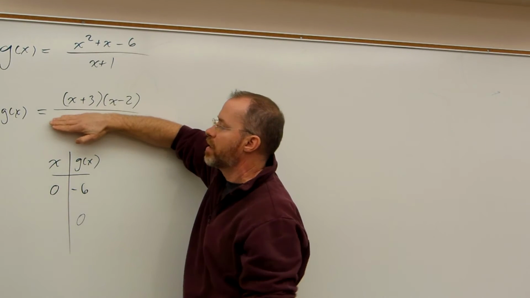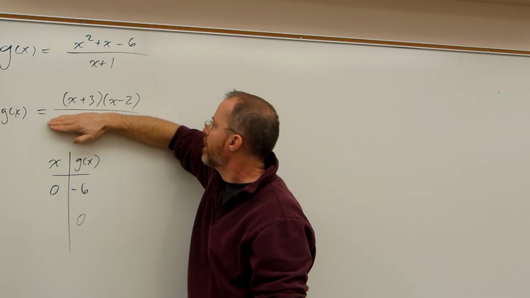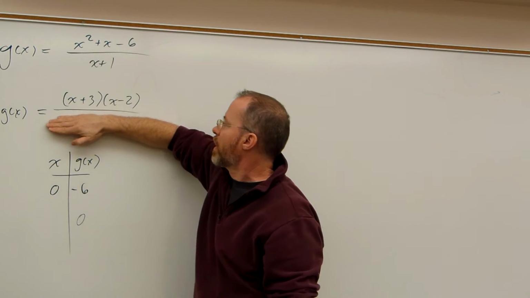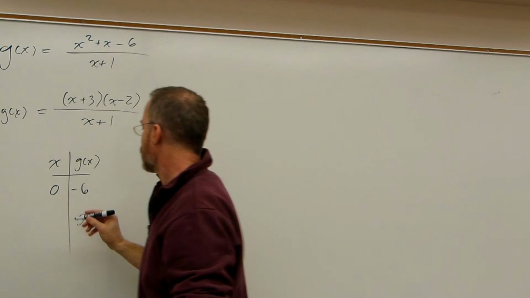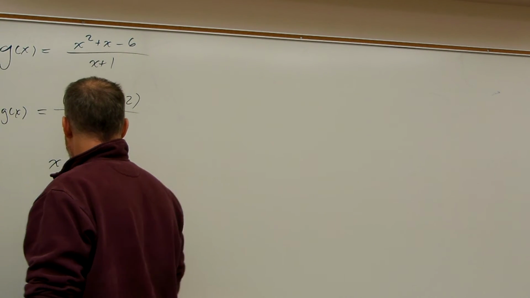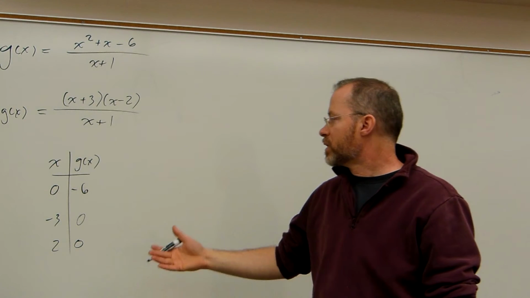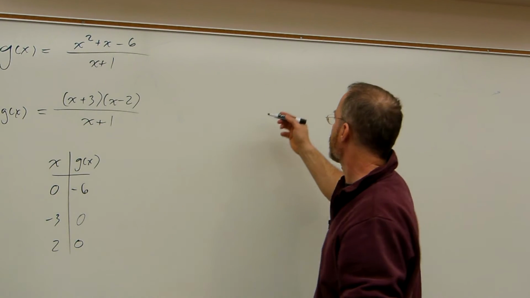Because 0 divided by anything will give me a 0 output. So looking at these two factors and setting the numerator equal to 0, I can see that either negative 3 or positive 2 will produce 0 up there, and 0 divided by whatever will give you 0. So this has a couple of x-intercepts.